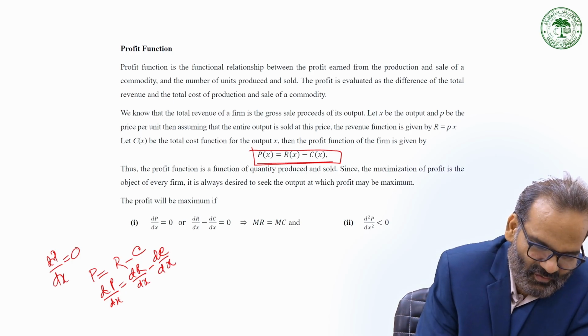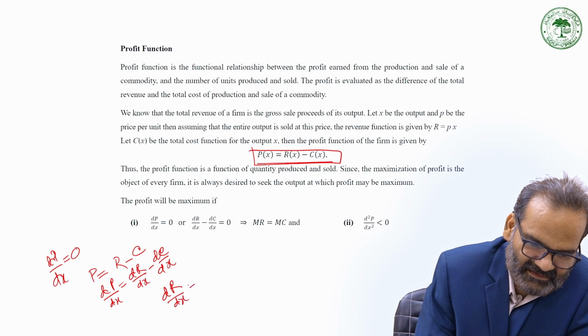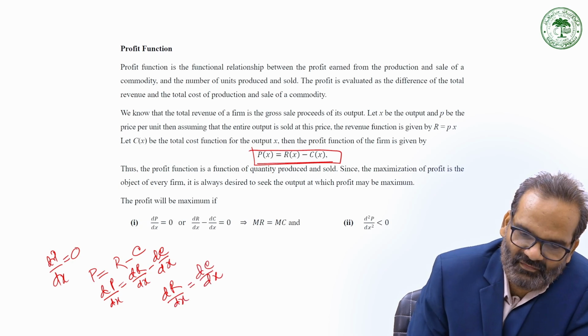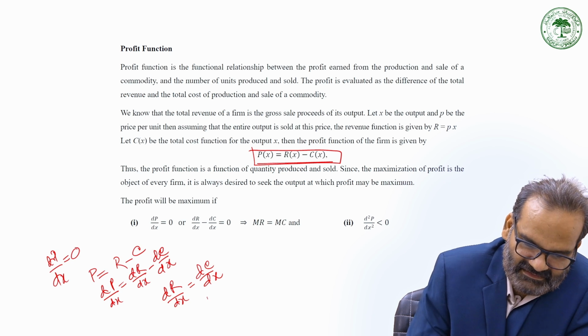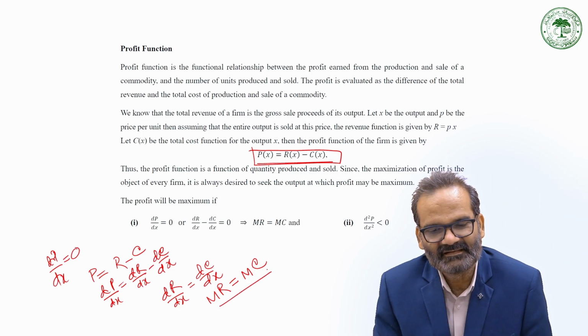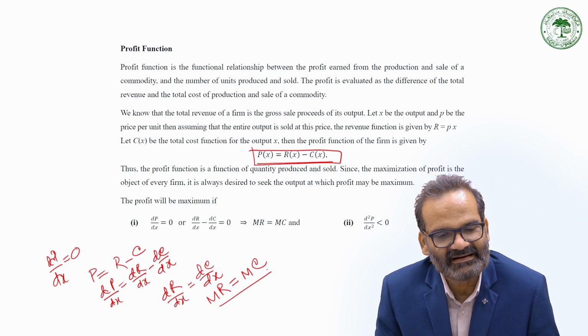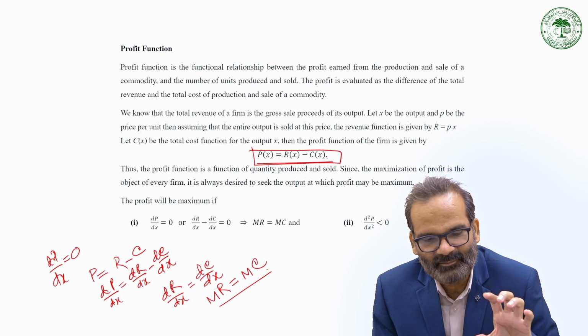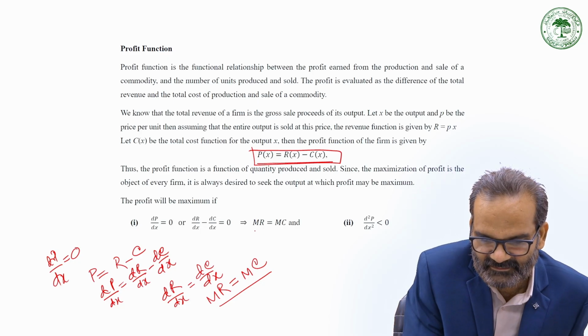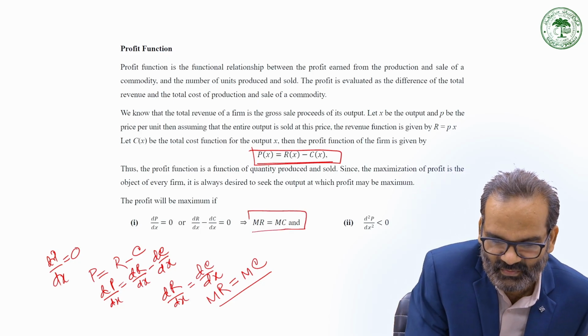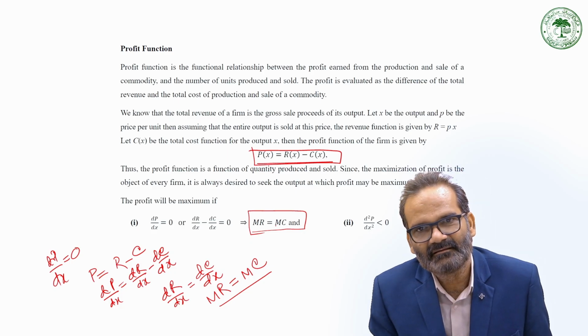So if dP over dx is 0, it means dR over dx is equal to dC over dx. And what is dR over dx? dR over dx is the marginal revenue and dC over dx is the marginal cost, right? So the first order condition for profit maximization is also sometimes marginal revenue should be equal to marginal cost.